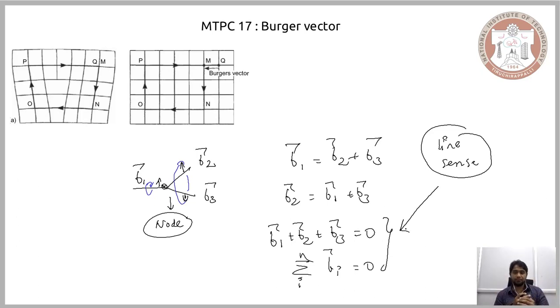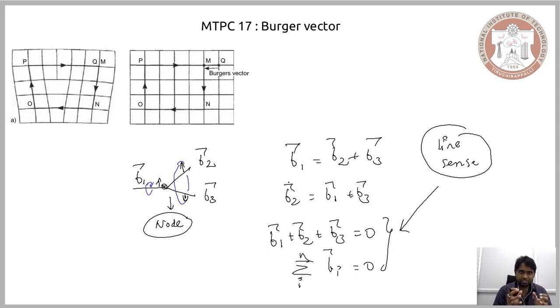If you recollect from the previous lecture, depending on the dislocation line and the arrangement of the atoms, we can assign a particular line sense, and we can vary this line sense accordingly to arrive at such an expression. Depending on the line sense convention, it is also possible to write a Burgers vector as the summation of 2 other Burgers vectors.